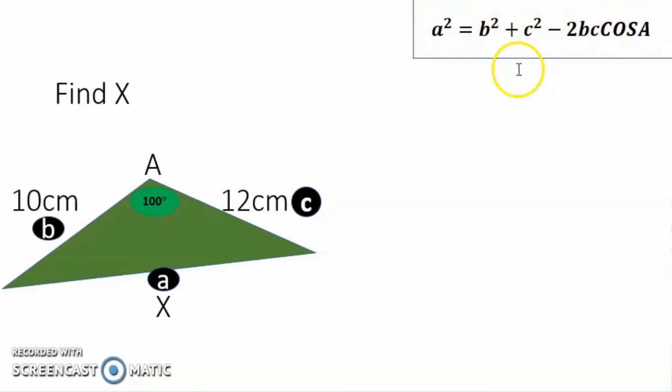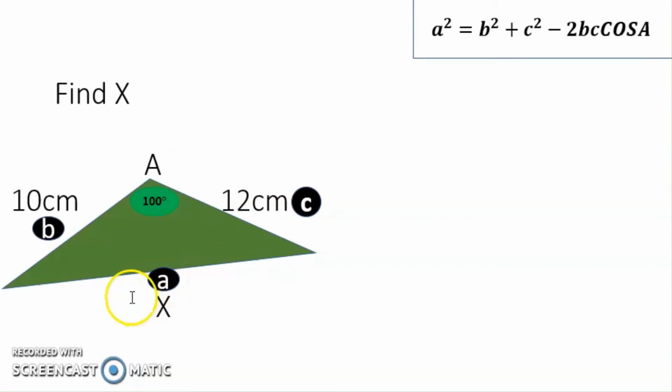So what we are going to do now is to replace our A with x, our B with 10 centimeters, and our C with 12 centimeters, to find the value of x.